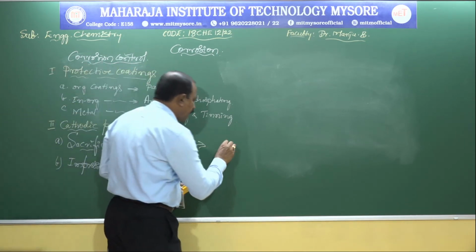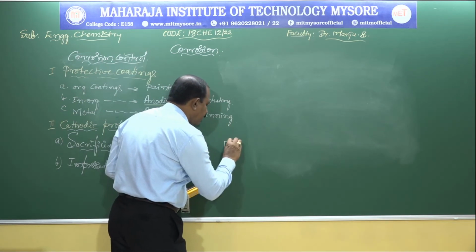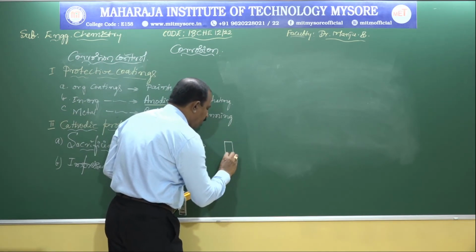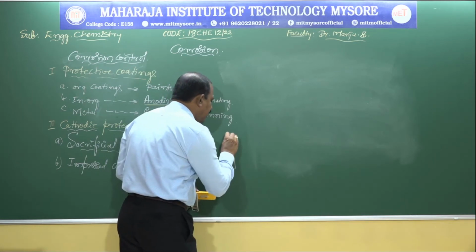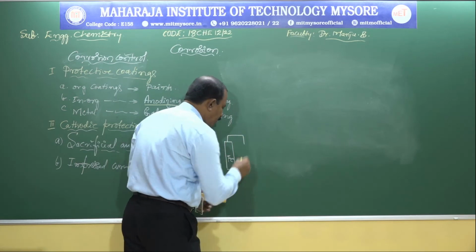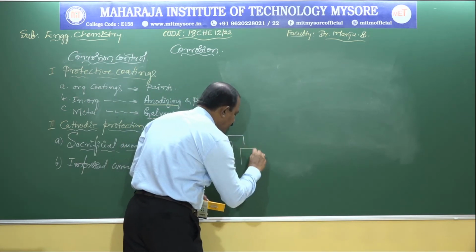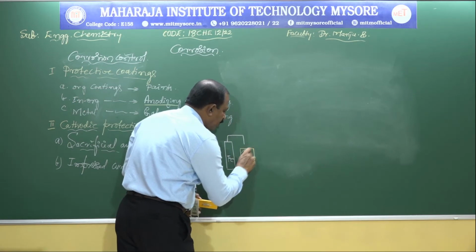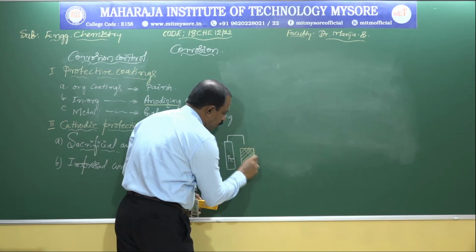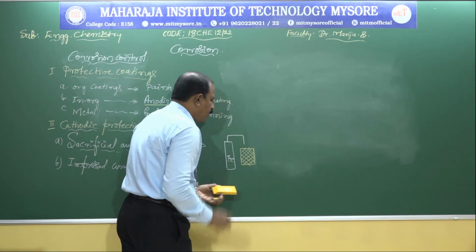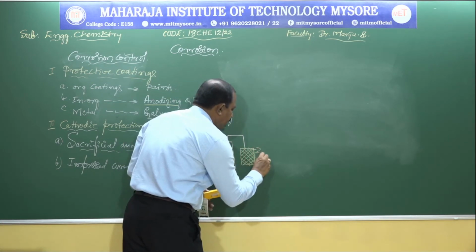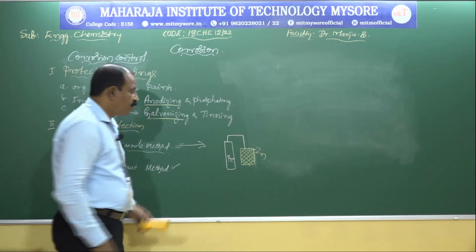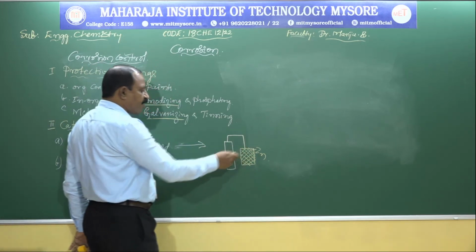Under that, the first one is the sacrificial anode method. Here I take an iron metal, and a mesh of zinc metal is connected to the iron metal. What happens here? Zinc is more anodic than iron.